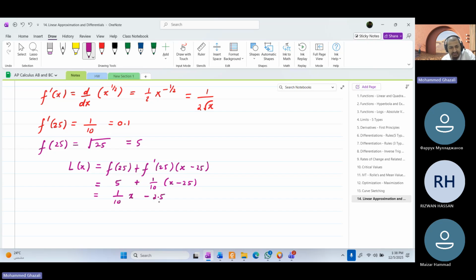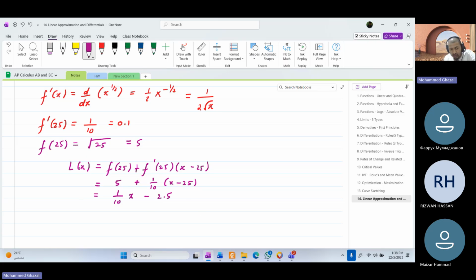Minus 2.5 is fine, it's perfect. Why? Because 1 over 10 times negative 25 is negative 2.5, and 5 minus 2.5 is 2.5, so the linearization is 1 over 10 x plus... okay.